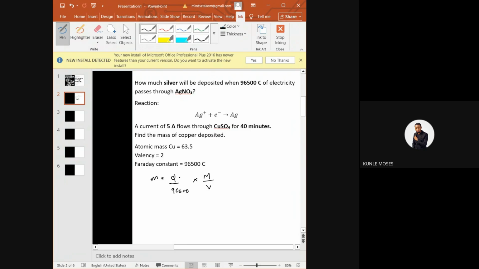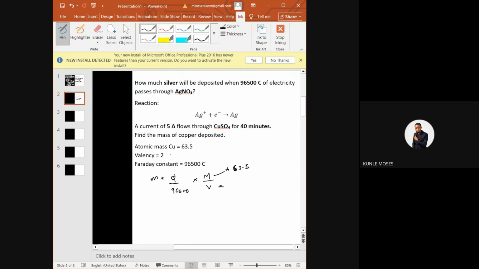Okay. All right. So now looking at this, they want us to find the mass of copper deposited, right? Now, we have the valency, which is our V. We have the atomic mass, which is 63.5. The valency is 2.